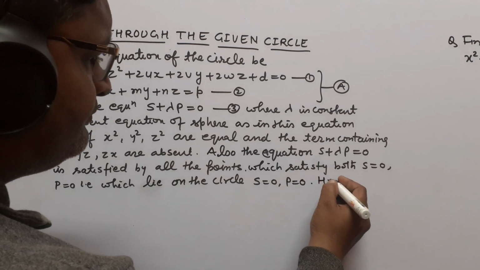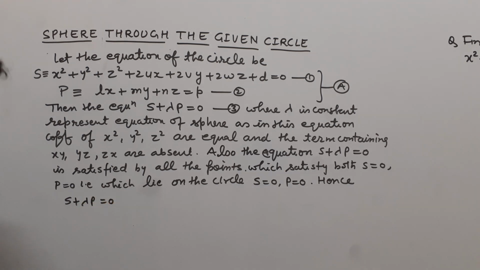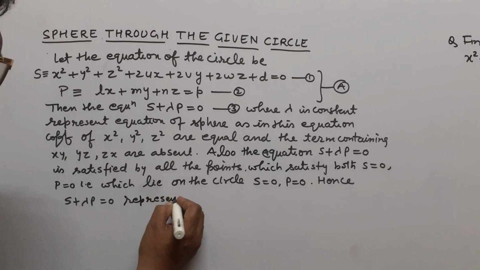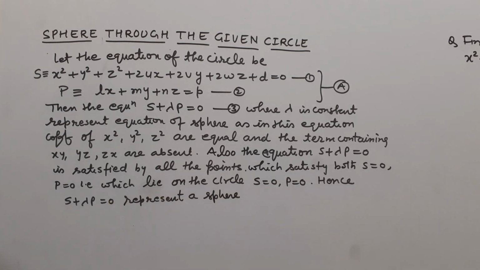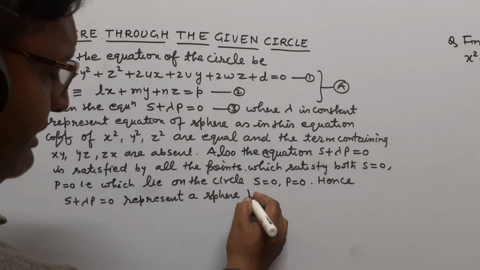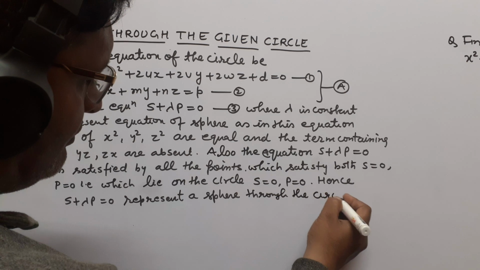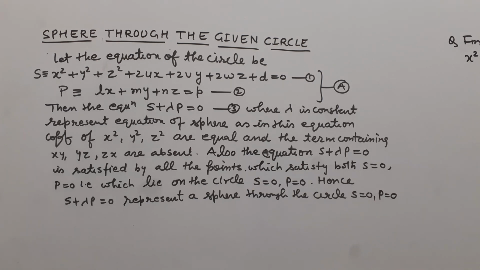Hence S plus lambda P is equal to 0 represents a sphere through the circle S is equal to 0, P is equal to 0. Here, a sphere through the given circle.